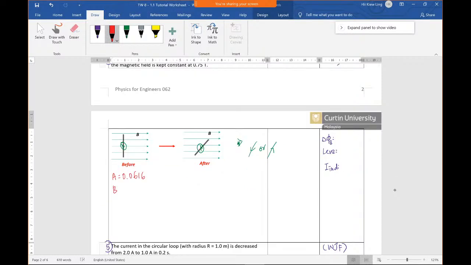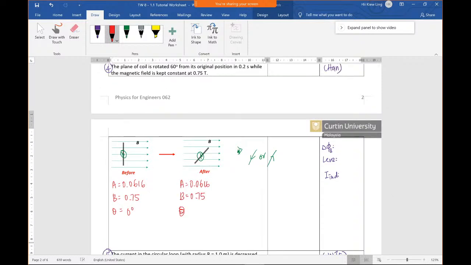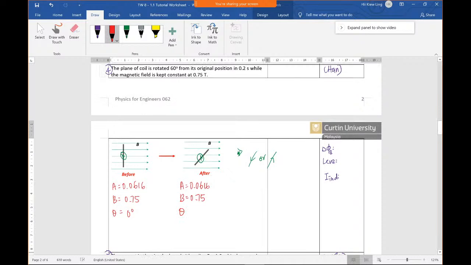Magnetic field is kept constant at 0.75. Theta, initially, is 0 degrees. The area remains the same, magnetic field 0.75. The plane is rotated 60 degrees from its original position.